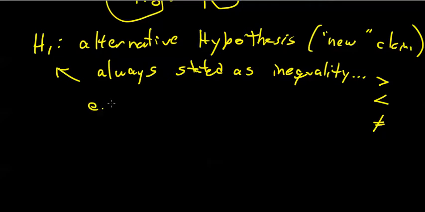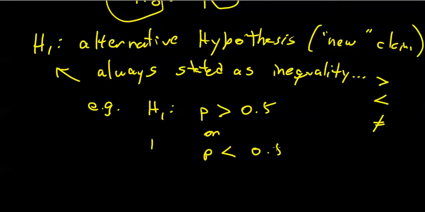For example, if the null claim is that H0 states that P equals 0.5, H1 might say something like this. Either little p is greater than 0.5 or little p is less than 0.5 or little p is not equal to 0.5. Okay?